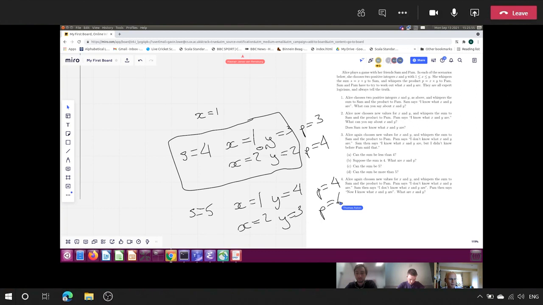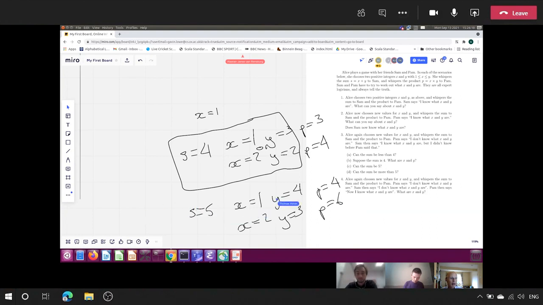And if p equals 6, then Pam also doesn't know what x and y are, because we could alternatively have x equals 1, y equals 6. Right. So Sam doesn't gain any information from that. Yeah, that's right. So in both cases, Pam would say, I don't know what x and y are. So Sam doesn't learn anything from that.